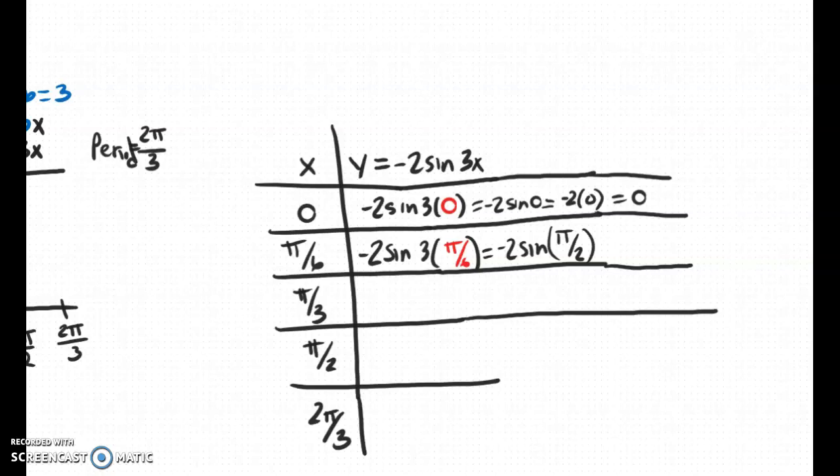And at pi over 2, the sine is 1. So I'm going to have negative 2 times 1, which is negative 2. And then I keep doing that for each of these. So let me put this in.